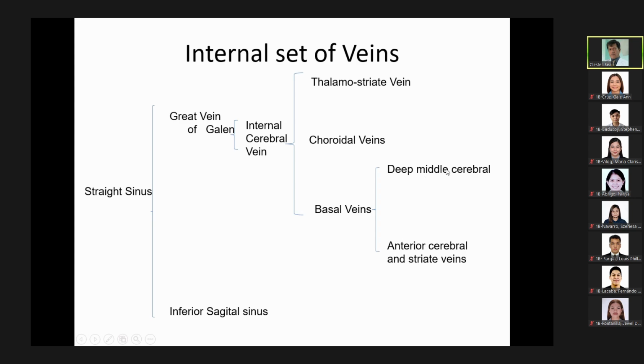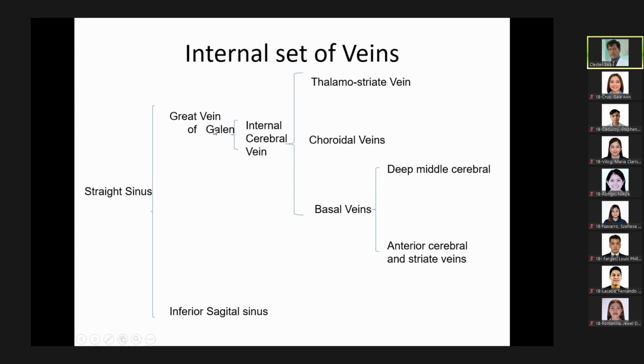The deep middle cerebral and anterior cerebral veins and your striate veins will drain to the basal vein, the choroidal veins, and the thalamostriate veins. We know what structure drains into them. Now, each of the three veins will form the internal cerebral vein on one side, and the internal cerebral veins coming from both sides will form the great vein of Galen.